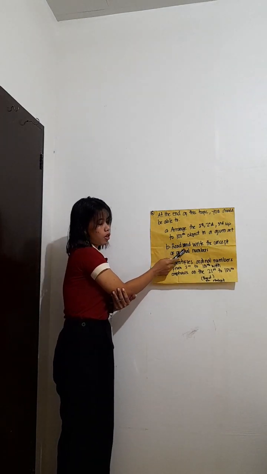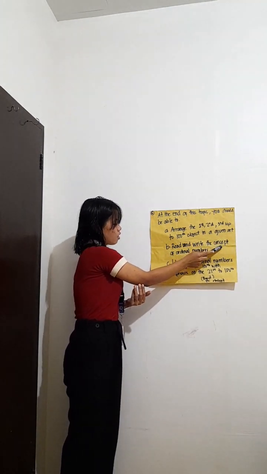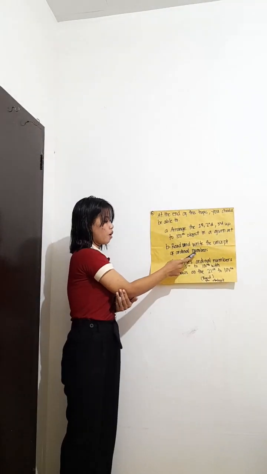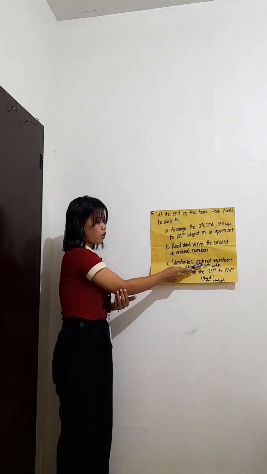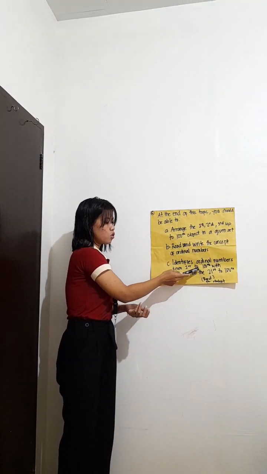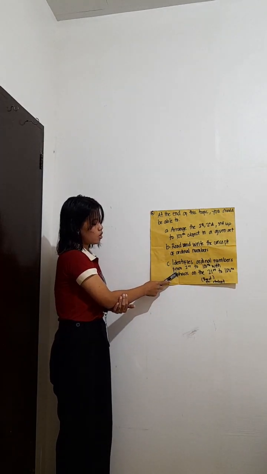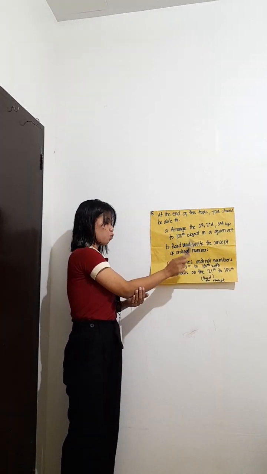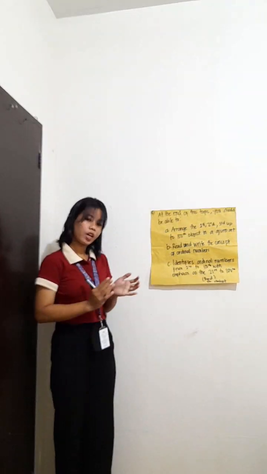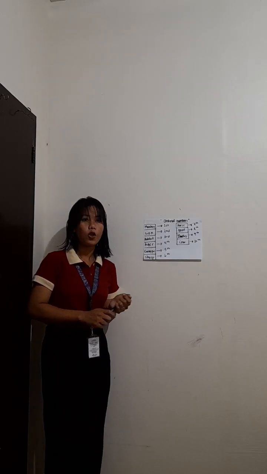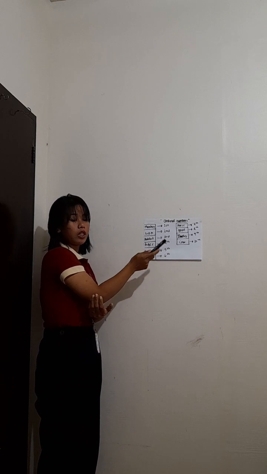Read and write ordinal numbers. Identify ordinal numbers from first to 100 with emphasis on the 21 to 100. Okay, very good class. So now class, look at this paper on the board.